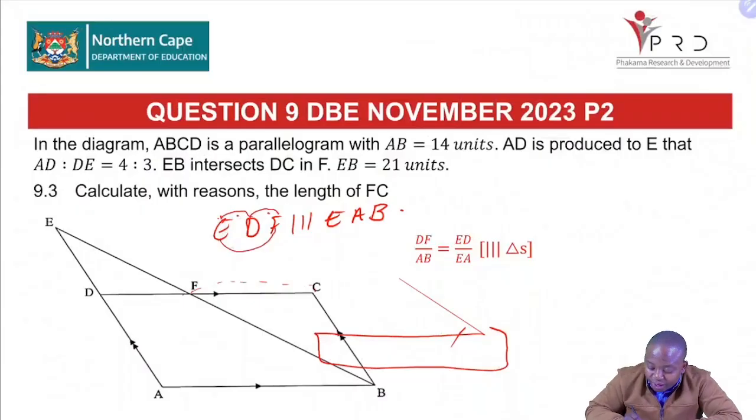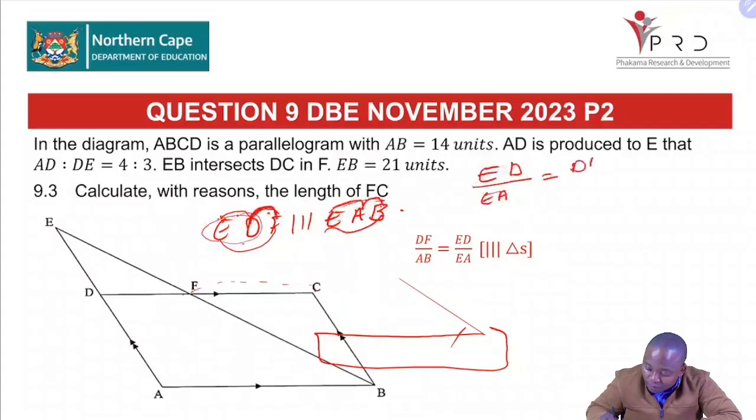That is how I work around this one. So even here, I'm going to say eyebrow, and a smile. So meaning I'm going to say ED, which is the ED right there, all over EA, is equal to DF over AB.